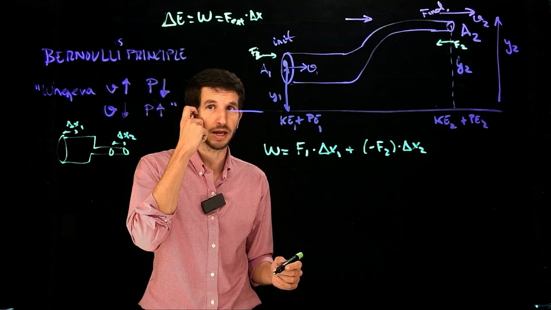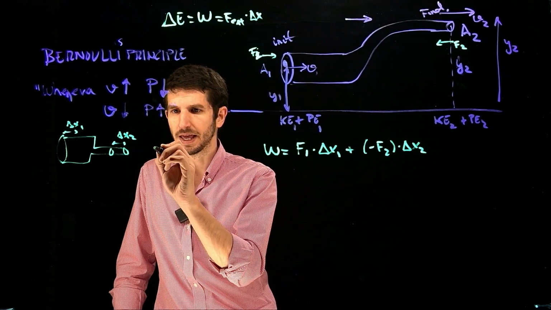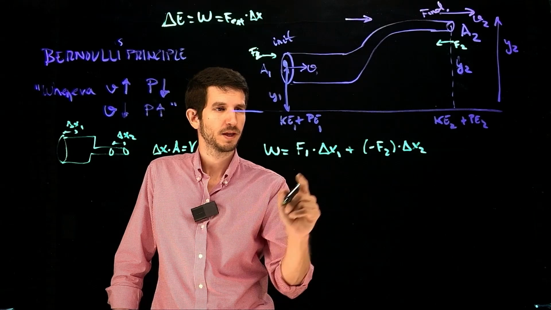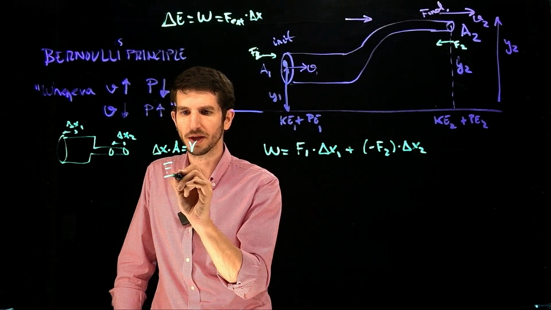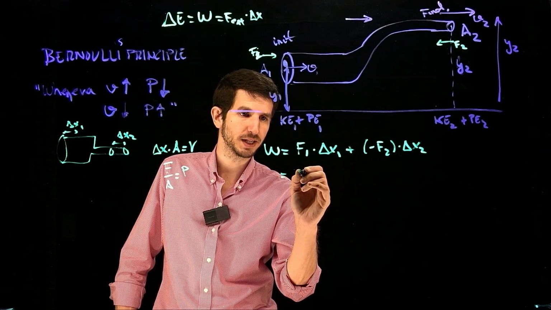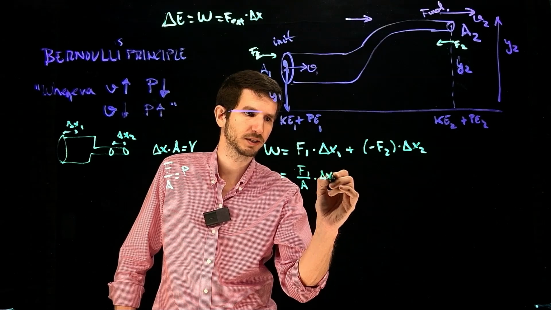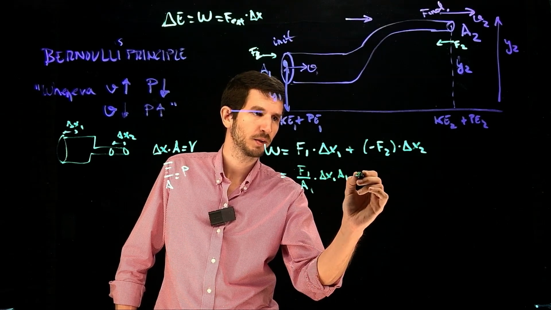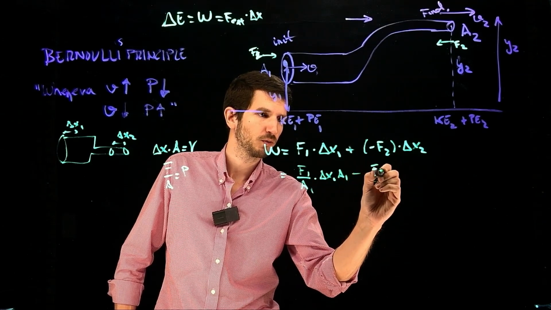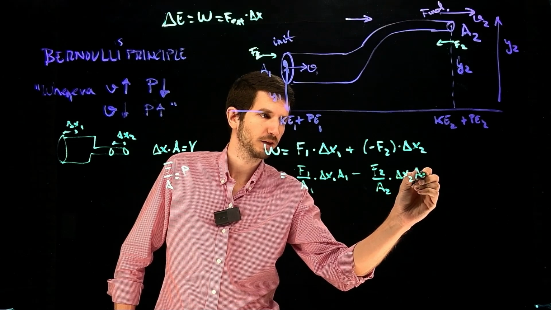So what I can do then is multiply delta x times the area, which is going to be the volume. So if I divide the force by the area, I have a pressure. So what I can do is just multiply and divide by the area, and so I have force over the area, and I have delta x1 area 1 plus, or now we can just write the minus, the force 2 over the area, delta x2 area 2, right?